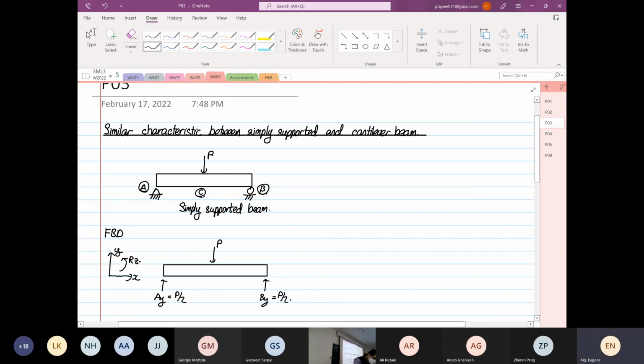Okay, and the distance of the entire length over here is equal to L.